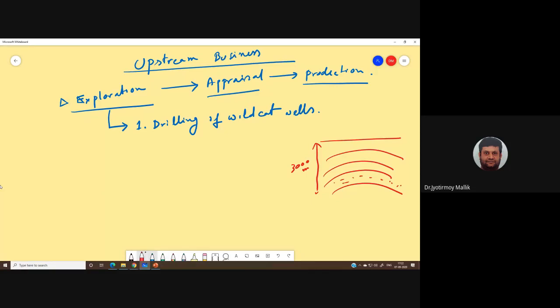Okay, so you just prove it by drilling a wildcat well. And then drilling of exploration wells. So you drill more wells, essentially, to get a better understanding.